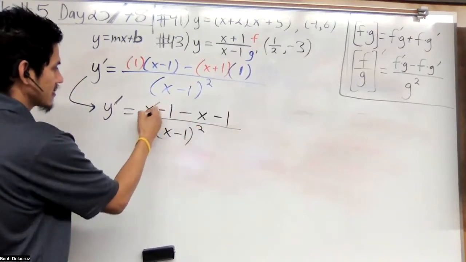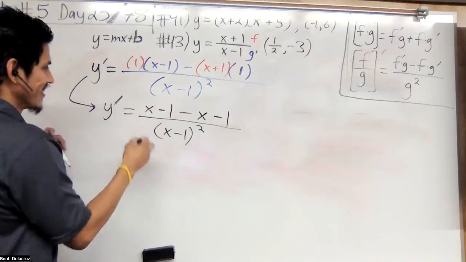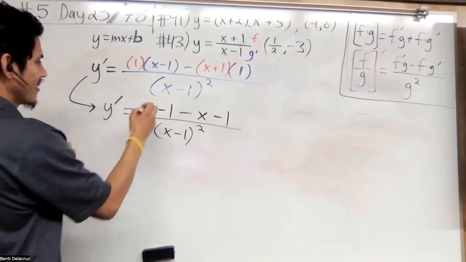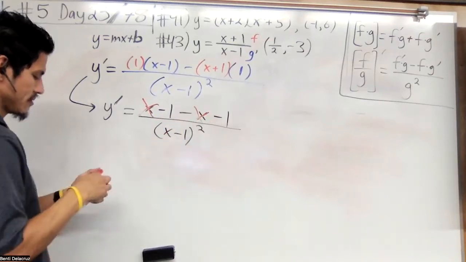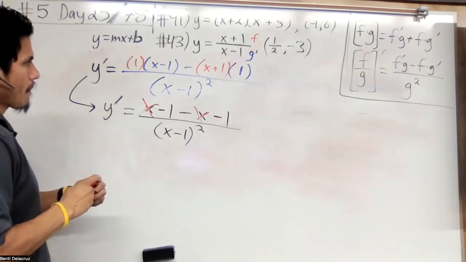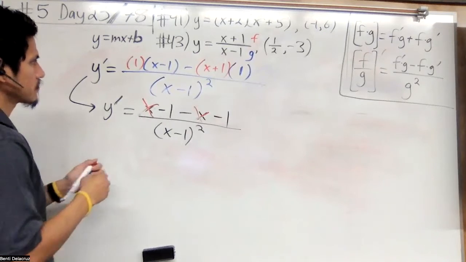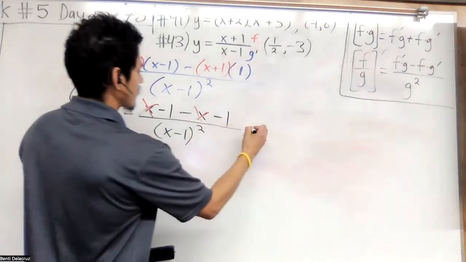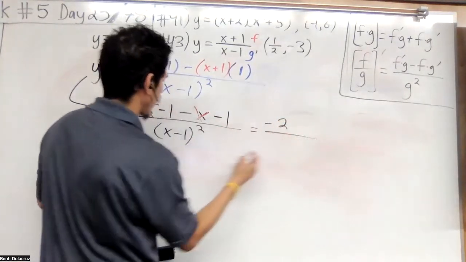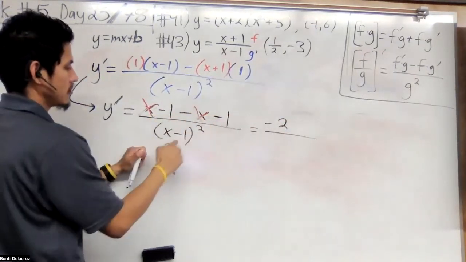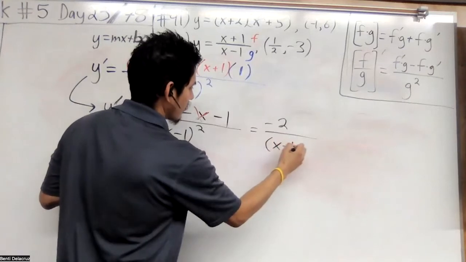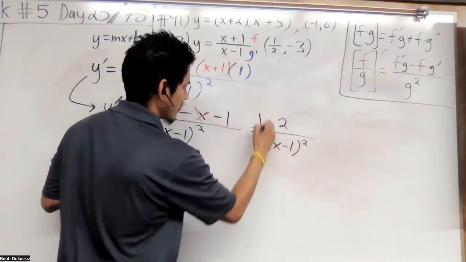The x's go away, and x minus 1 minus 1 is minus 2. So x's go away, minus 1 minus 1 is minus 2, all over x minus 1 squared. Here's our weird derivative.